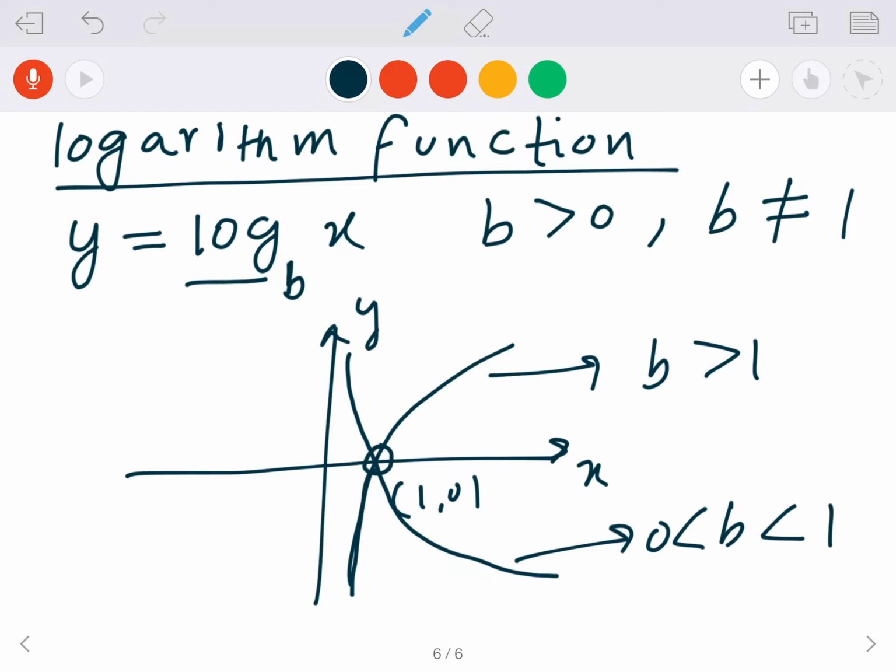Okay, now what we're going to learn is, let me just write it the opposite way. So this is an exponential function, right?